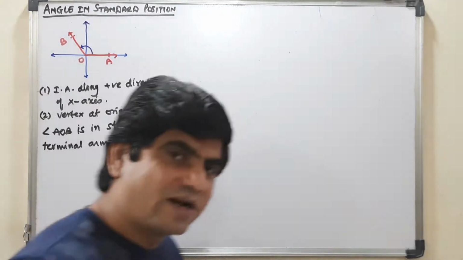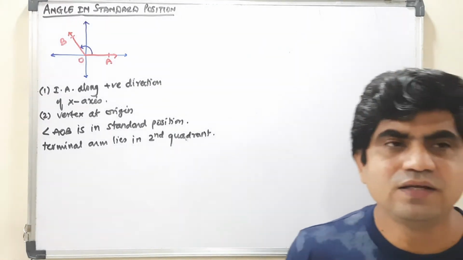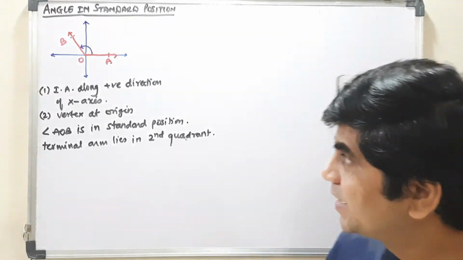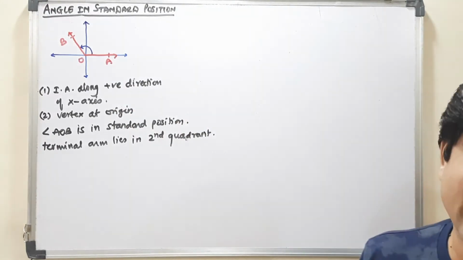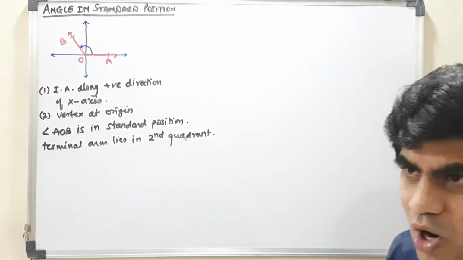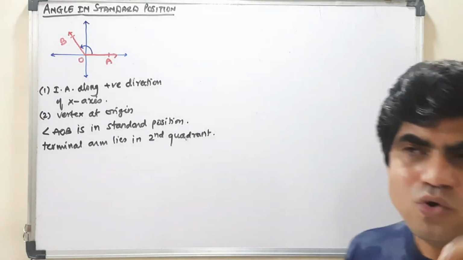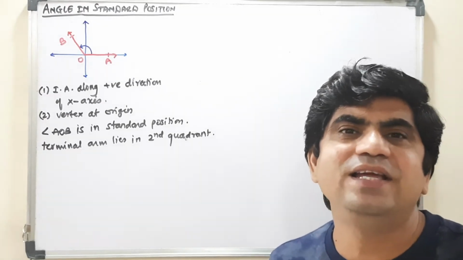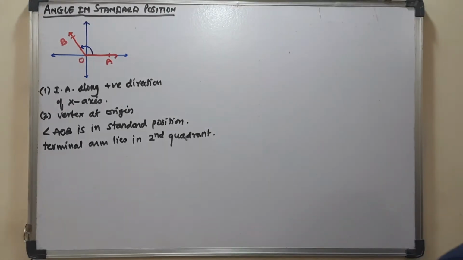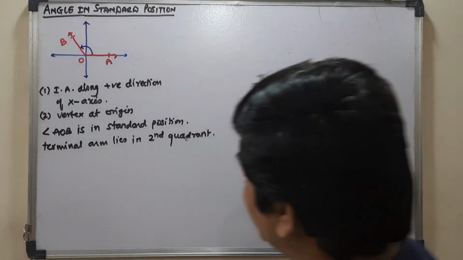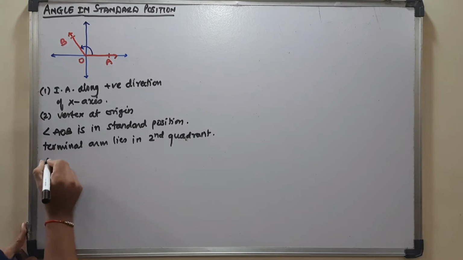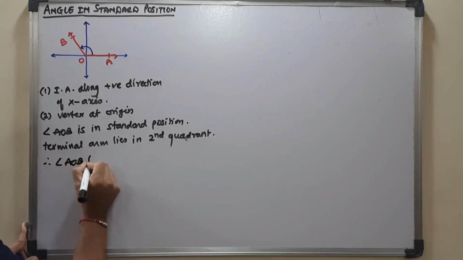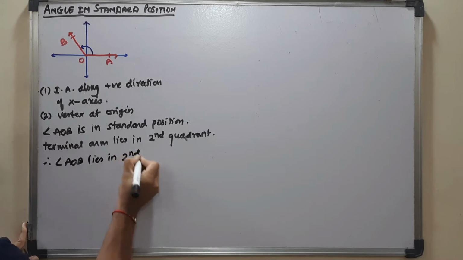Now since the terminal arm lies in the second quadrant, we say that this angle AOB lies in the second quadrant. It means a standard angle whose terminal arm lies in a quadrant is said to be an angle in that quadrant. The terminal arm lies here in the second quadrant, so that is why we say that about that particular angle. Therefore we say the angle AOB lies in the second quadrant.